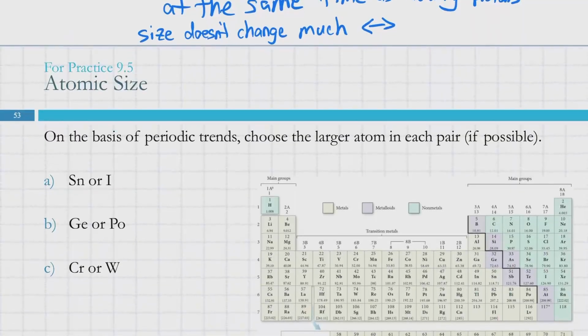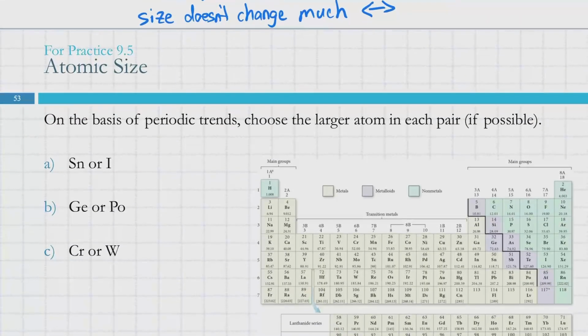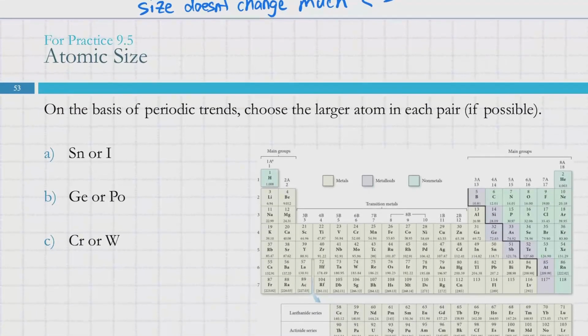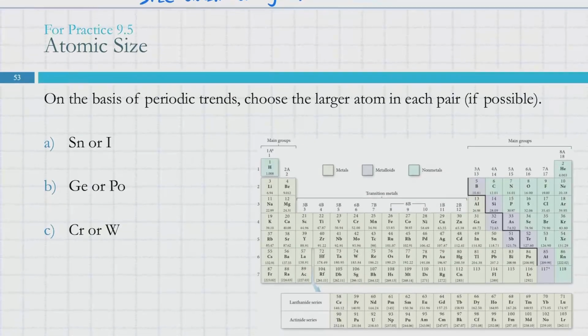All right, for atomic size, let's make some predictions or choose the larger atom in each pair if we can. First one up, we've got tin and iodine. Which one's going to be larger?